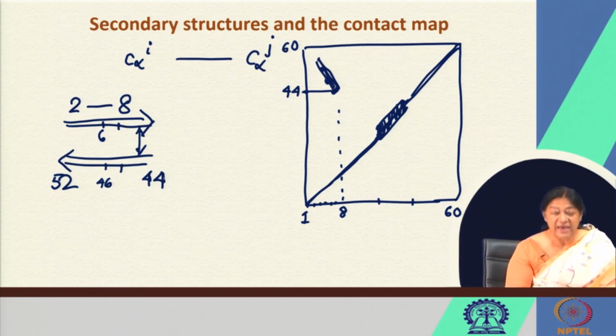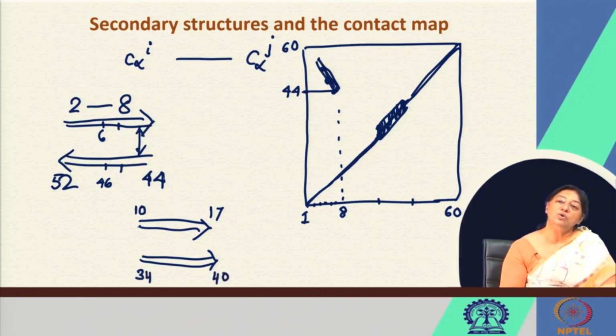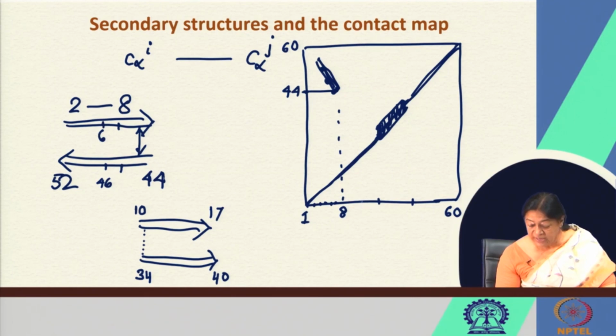Now, say I have a parallel strand, from a region we have not considered, say from 10 to 17, and another parallel strand from 34 to 40. When I am looking at hydrogen bonding patterns here, I would have 10 close to 34, so 10 would be here and 34 somewhere here.